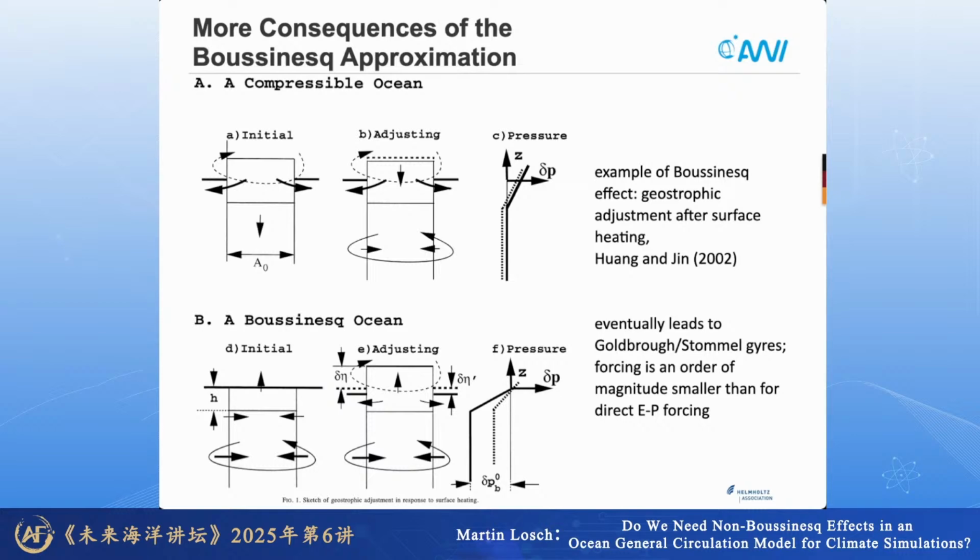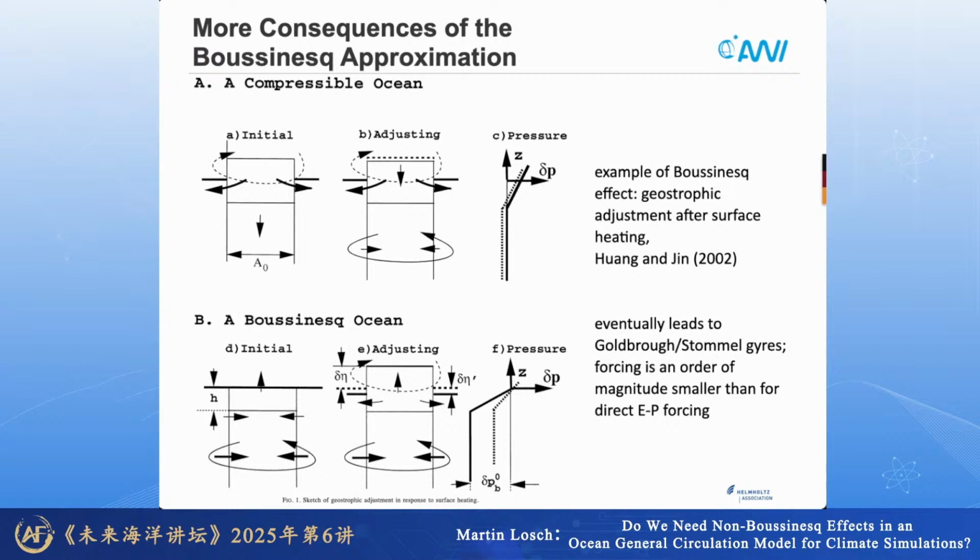This immediately, of course, is a loss of mass to the water column, and this loss of mass leads then to a reduction of the sea level in the adjustment process, and at the same time an inflow at the deep ocean. And because we are on the rotating Earth, the flow is deflected by Coriolis in the northern hemisphere, and that leads also to some kind of vorticity change in the water column.